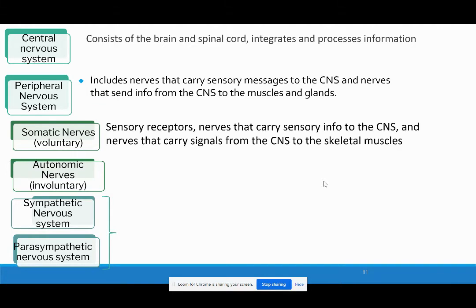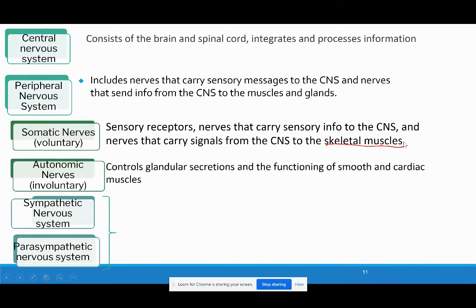Then we have our somatic nerves, under voluntary control: sensory receptors, nerves that carry sensory information to the CNS, and nerves that carry the signals from the CNS to skeletal muscles, that are under voluntary control. Autonomic nerves are involuntary, and control things like glandular secretions. That's involuntary. And the functioning of smooth and cardiac muscles, that's also involuntary.